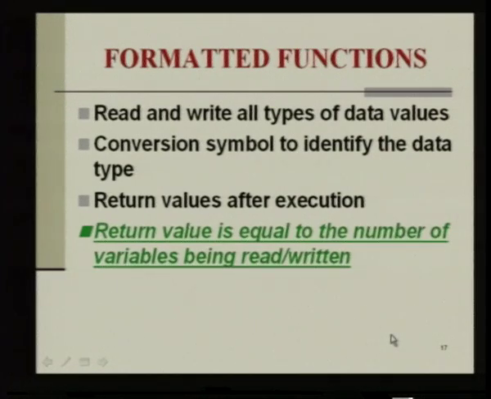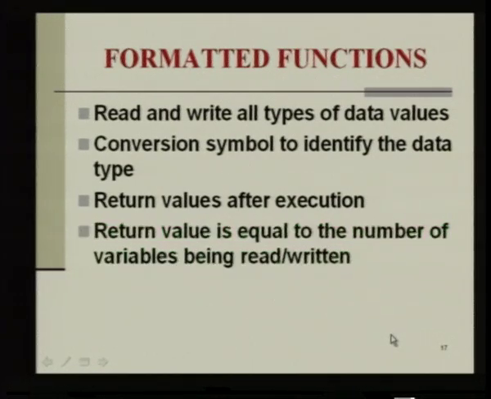Based on the return value, we have to identify whether it has returned all the values that we expect or whether some values are missing, because the return value will always be equal to the number of data values that have been either input or output. So if the return value is not equal to the data values, something is missing somewhere. With that the compiler identifies that there is some problem.